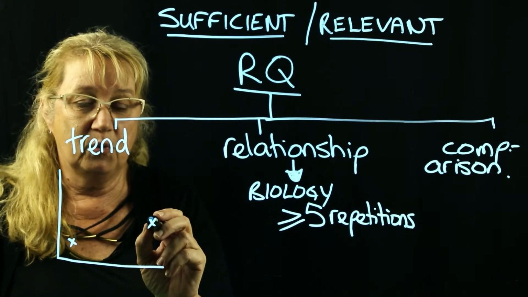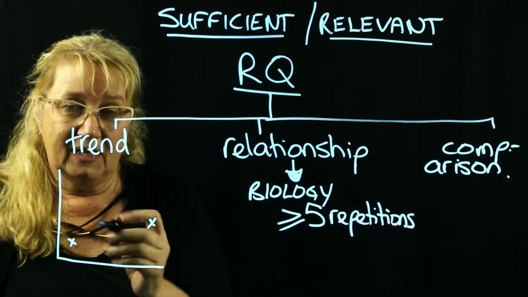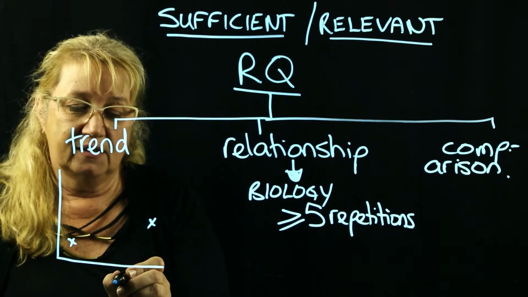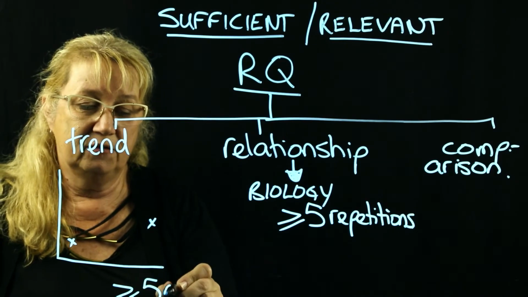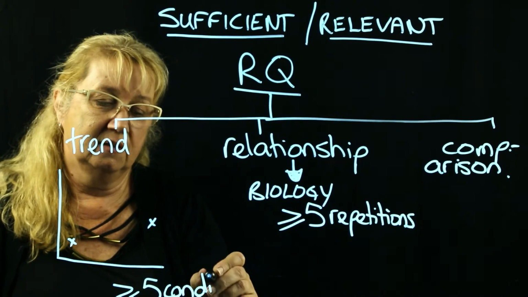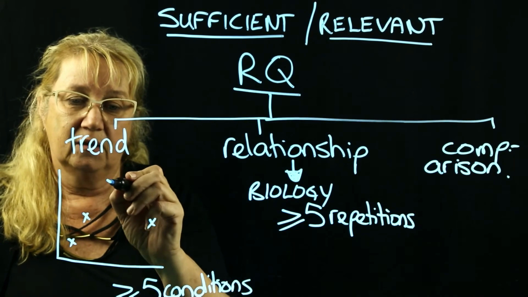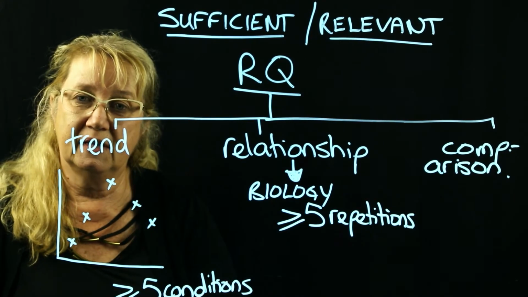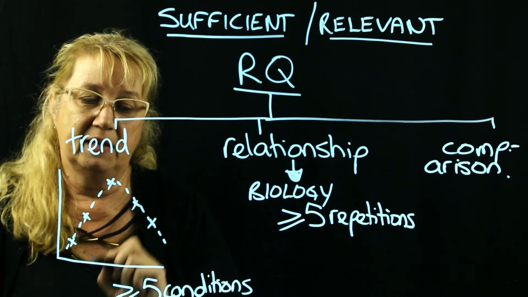But with only 2 points, you cannot establish a trend. So again, because of the time constraints, I recommend more than or equal to 5 conditions. That way, we are going to pick up if it does something like that when we put in the line of best fit.